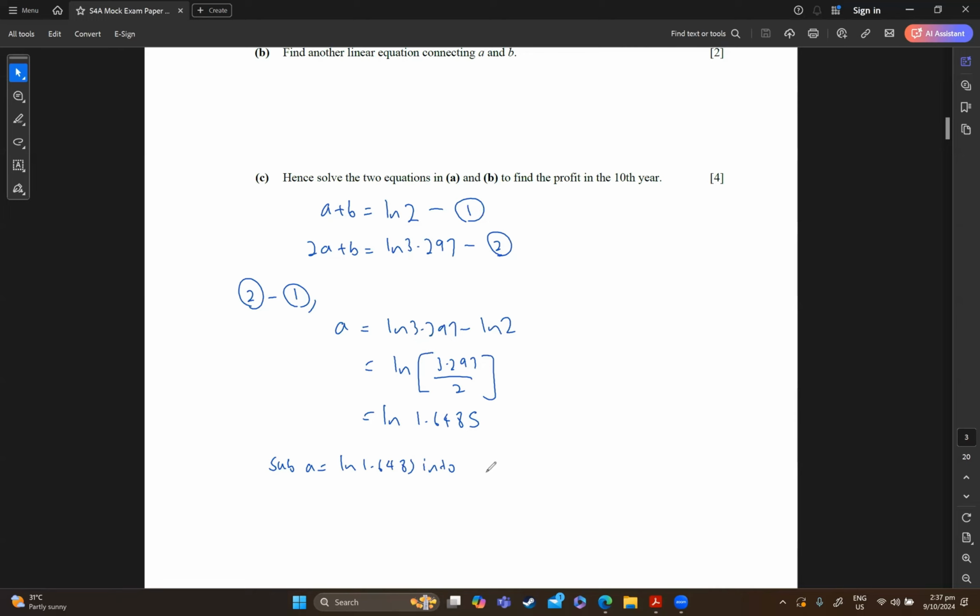I prefer equation 1. So B equals ln 2 minus A, so just write ln 2 minus ln 1.6485. So B equals ln of 2 over 1.6485.